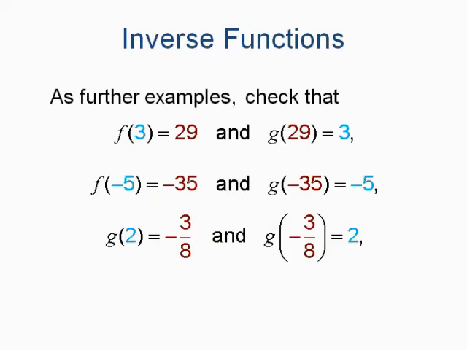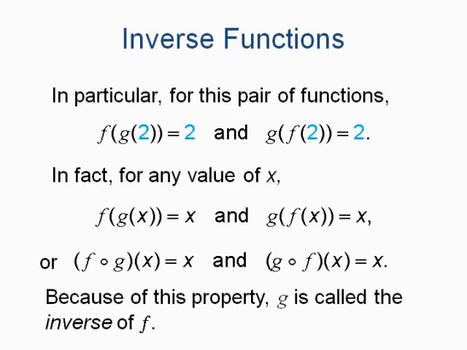As further examples, check that f of 3 is 29, g of 29 is 3, it returns back. Negative 5 goes to negative 35, plug it in g, negative 35 comes back to negative 5, and so forth. I mean, you can do that with any values and then amaze your friends at parties.